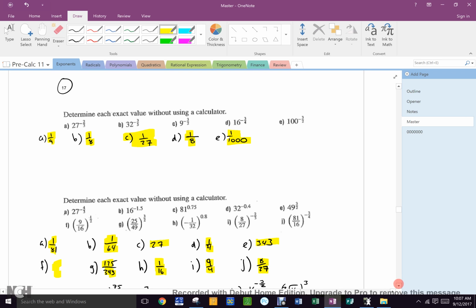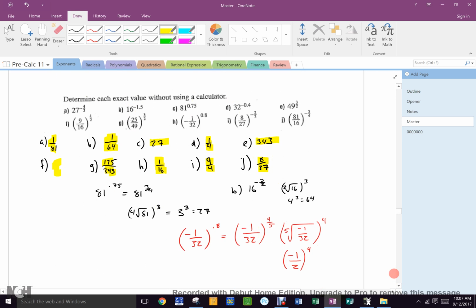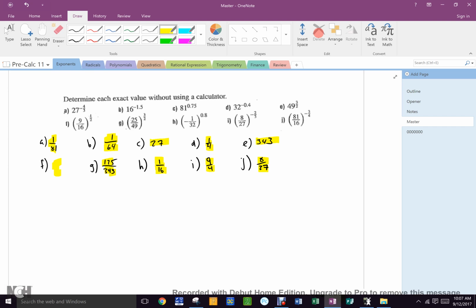I don't want to wait the whole class while you copy down stuff that was already supposed to be done. The answer for F. Oh, there is no answer for F. You're right. So it is 3/4.